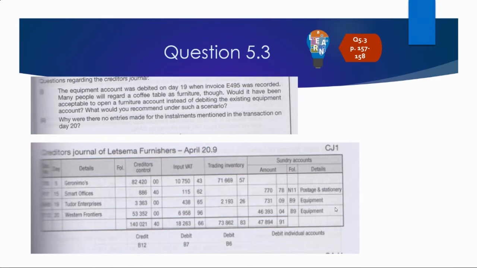Okay, so in the chat function, just let me know, do you think our company would have been allowed to take it to furniture as opposed to equipment? Yes or no?